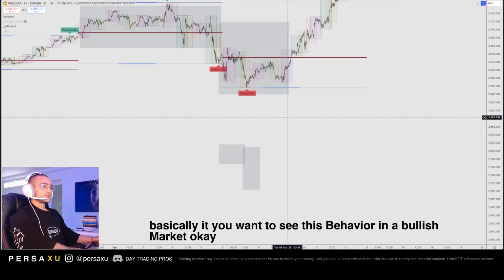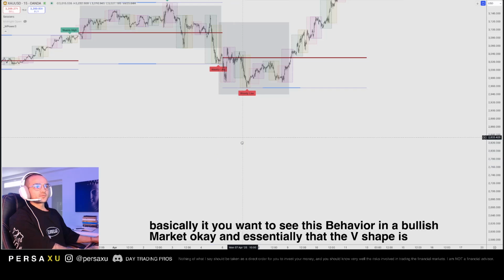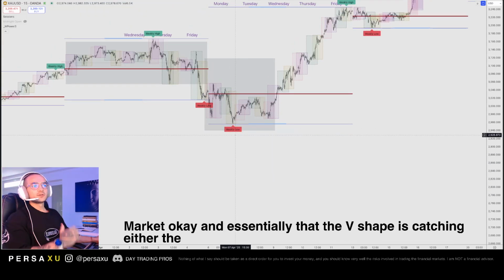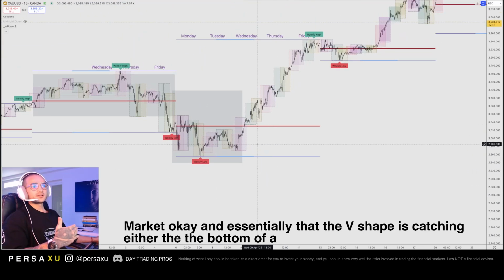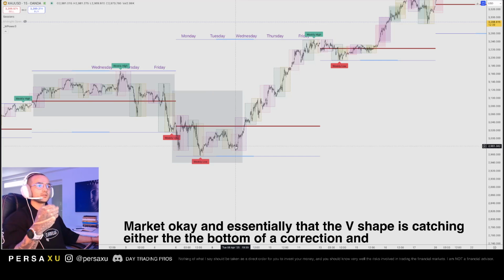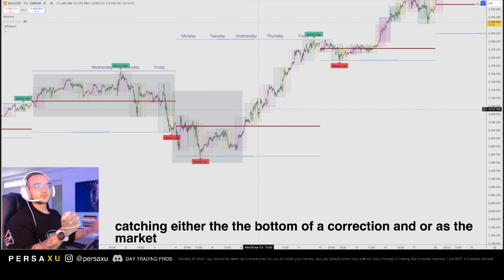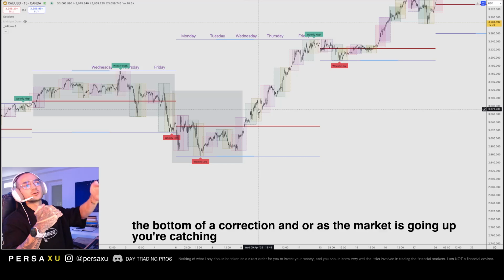Okay, and essentially the V shape is catching either the bottom of a correction and or as the market is going up, you're catching each higher low.